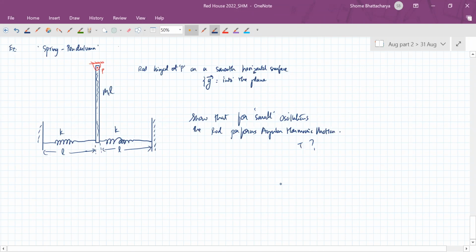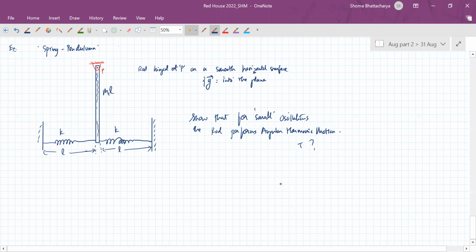For example, if you twist it anti-clockwise, then the spring on the right will be compressed and the spring on the left will be extended. So they will create a clockwise torque. Similarly, if you rotate it clockwise, the two springs will create an anti-clockwise torque. So it has the property of restorative torque.